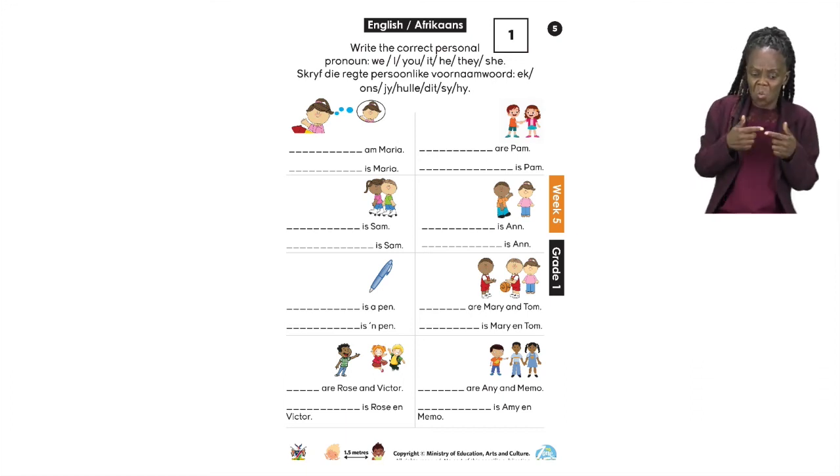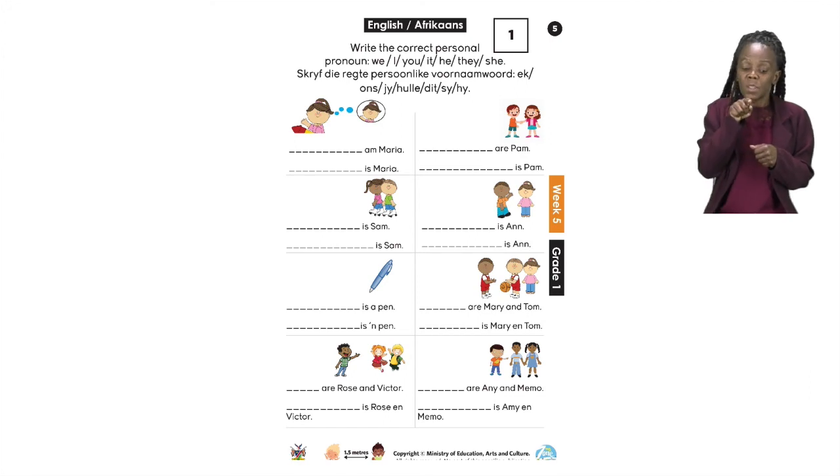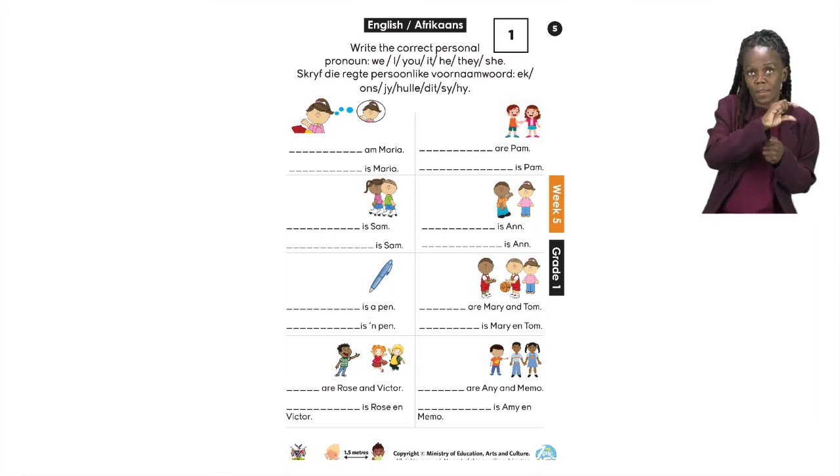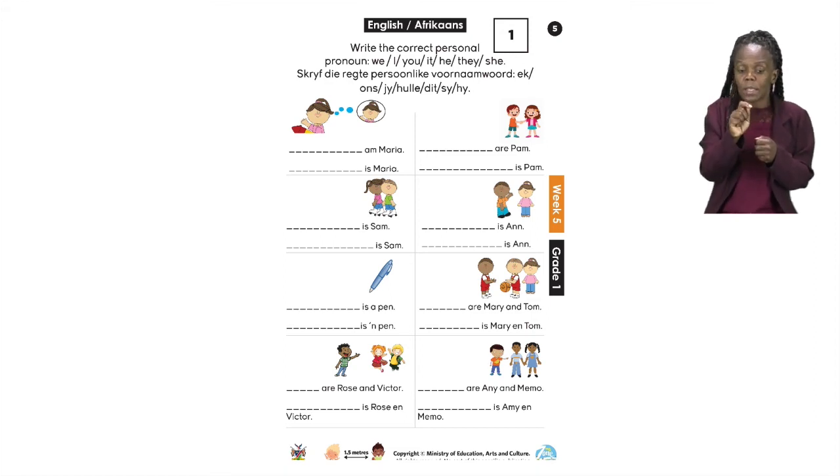Well done. Here we are going to use the word you. Because we are pointing at another person. So our pronoun will become you. And our sentence will be complete with the words, you are Pam.